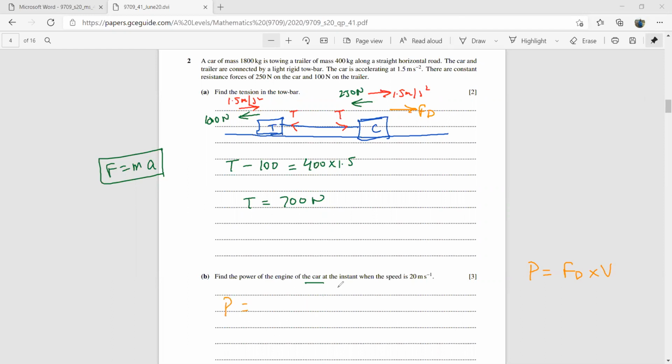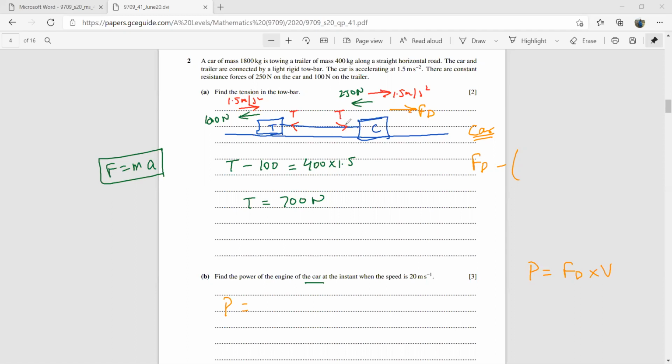Now, before we do that, we need to determine what is the forward force here. So this forward force, we are considering the car right now, minus, so there's a forward force provided by the engine, obviously, and then there are two forces which are resisting this motion here.